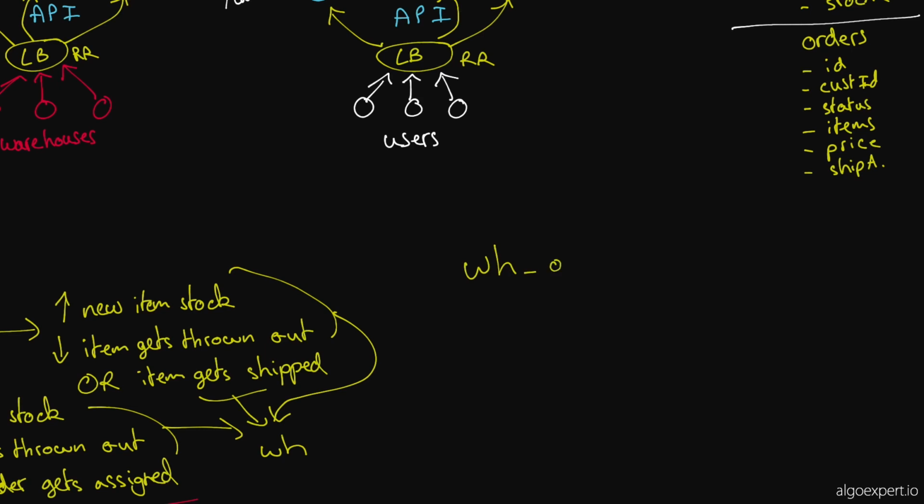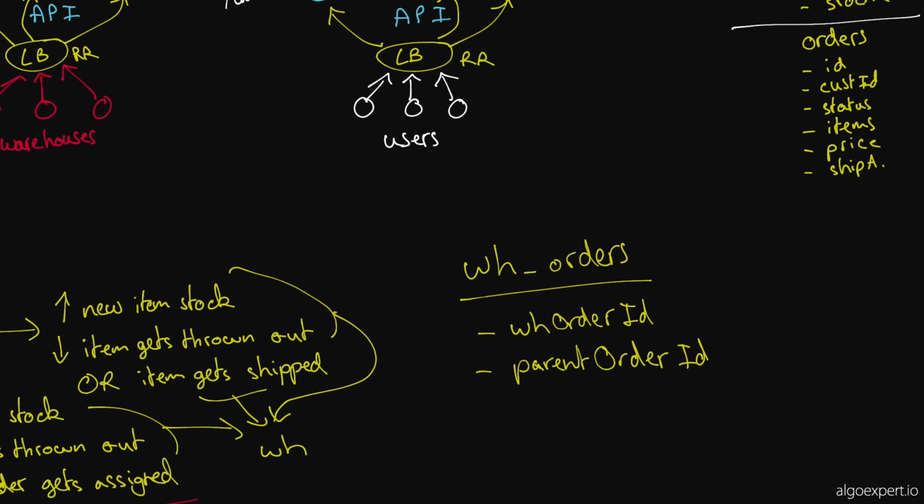So we'll put WH orders. This would have WH order ID. It would have something like maybe a parent order ID, which would be the order from the main orders table, so that we know what order this is a part of. We would probably have the warehouse ID that this was assigned to.